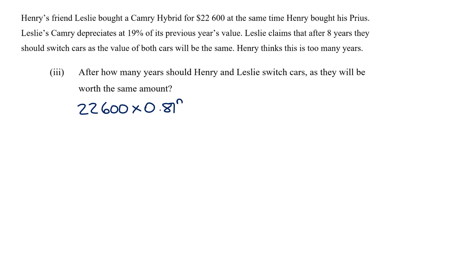Happy with that? Henry's Prius, which is 18,500 times by 0.84 to the power of n. You're trying to find where both of those are exactly the same price. Happy with that? You're trying to solve where that equals that.